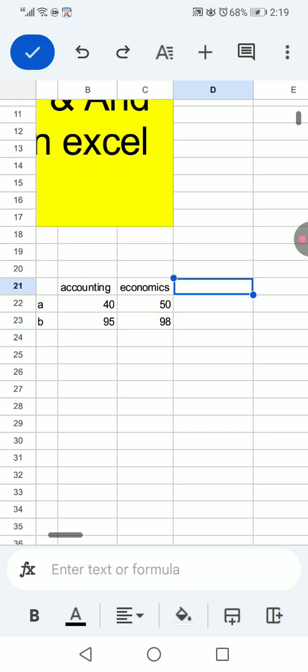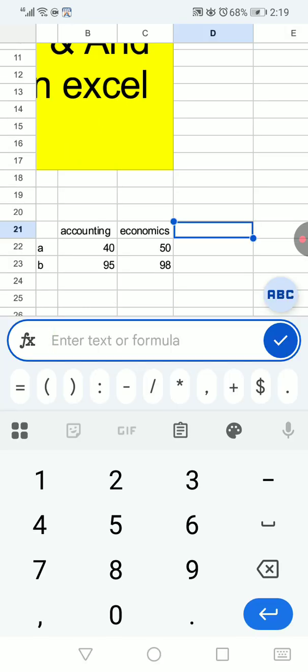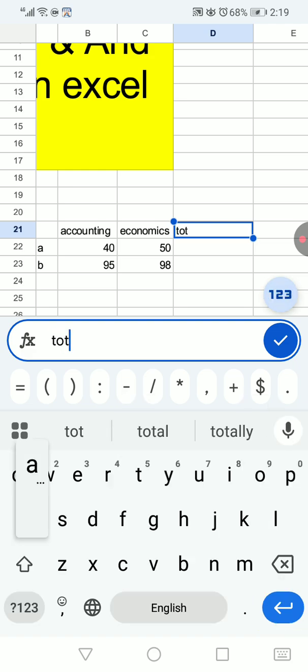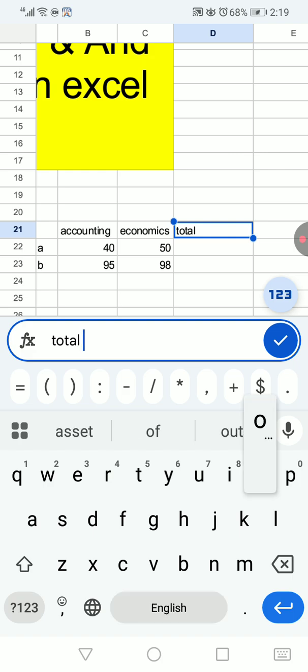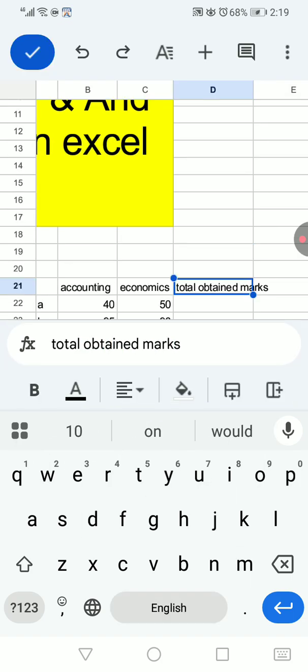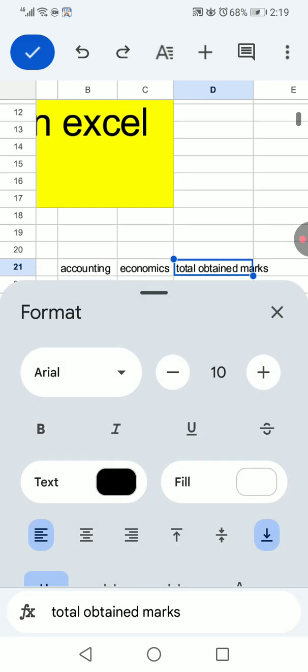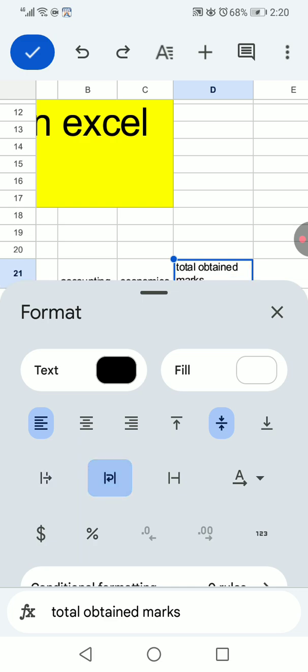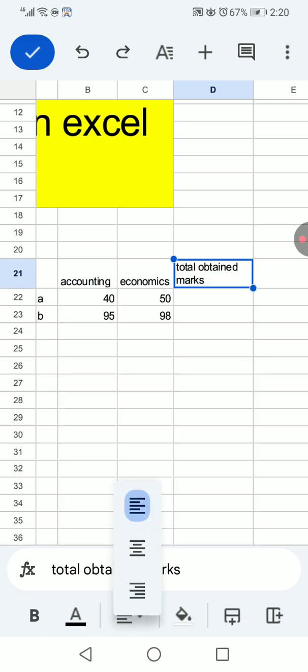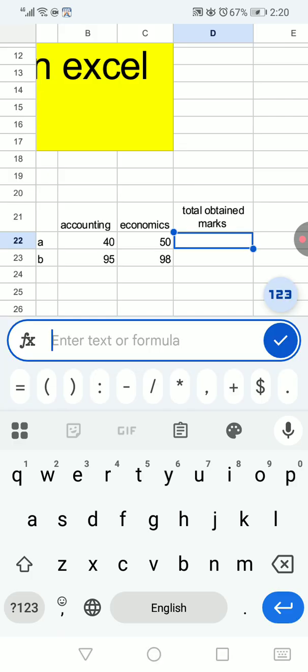First, to understand, we will calculate their total marks. Look, it's important to evaluate. We need to get total obtained marks. Here is your heading. How will you calculate total marks?